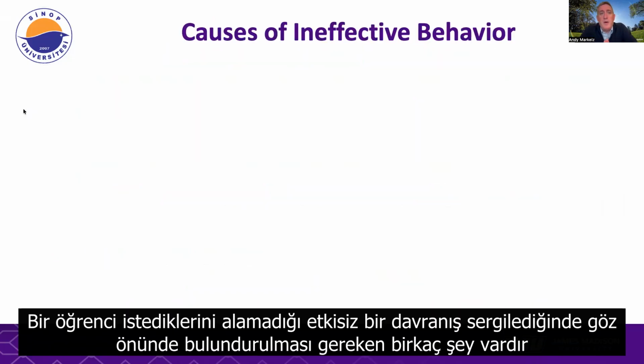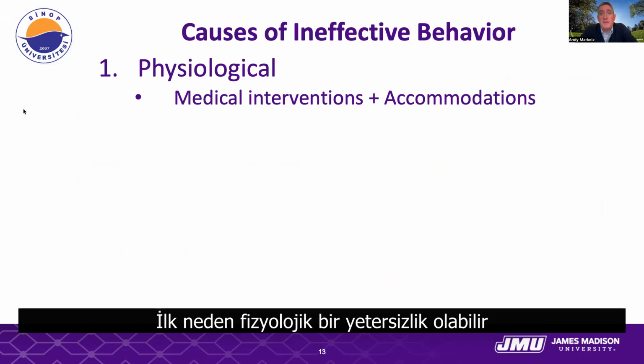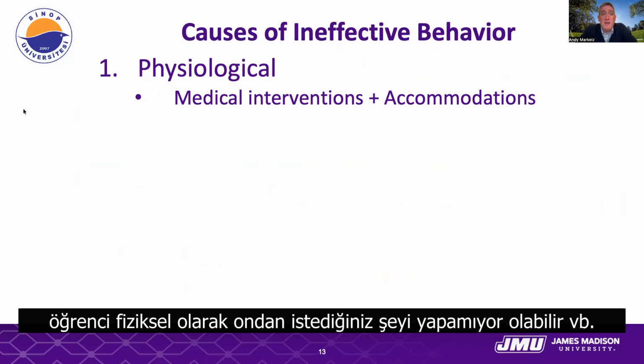So there's a few things to consider when a student may be engaging in an ineffective behavior, something that's not getting them what they want. The first reason is that it may be a physiological deficit. The student may not be physically able to do what you're asking them to do.